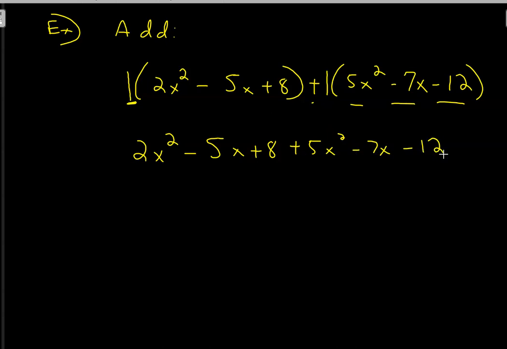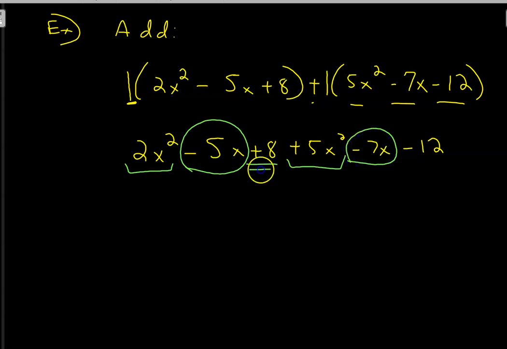So when you add the like terms, you're basically adding them just as they are. So the 2x squared and the 5x squared are like terms, and then the negative 5x with a circle around it, and the negative 7x are like terms, and then the 8 and the negative 12 are like terms.